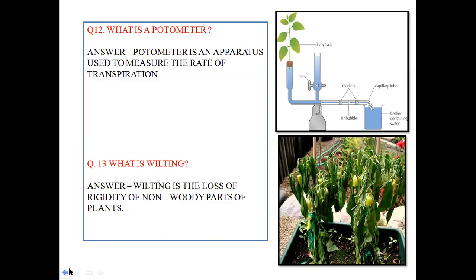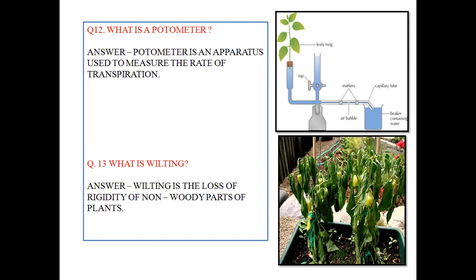Next is, what is wilting? Wilting is the loss of rigidity of non-woody parts of the plant, and this occurs due to continuous transpiration. The right-hand side picture shows a common phenomenon of wilting, students, which we have often seen during hot summer days when the rate of absorption of water by the root is less than the water transpired.